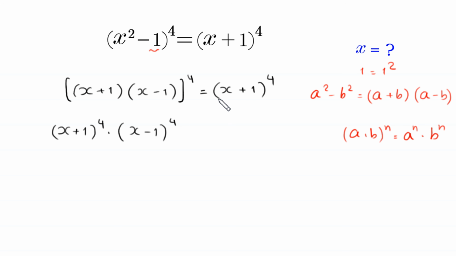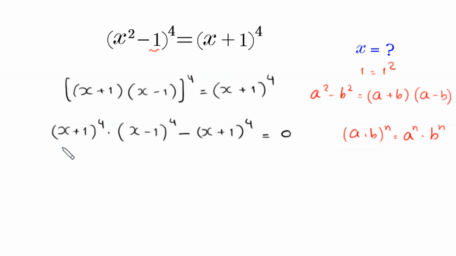And we move this positive x plus 1 whole to the power 4 to the left hand side. This becomes negative x plus 1 whole to the power 4 is equal to 0.